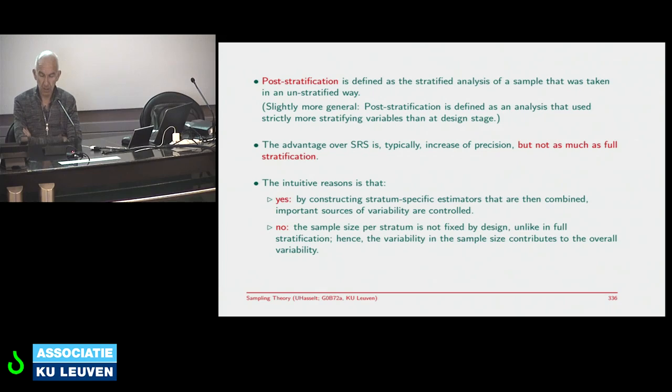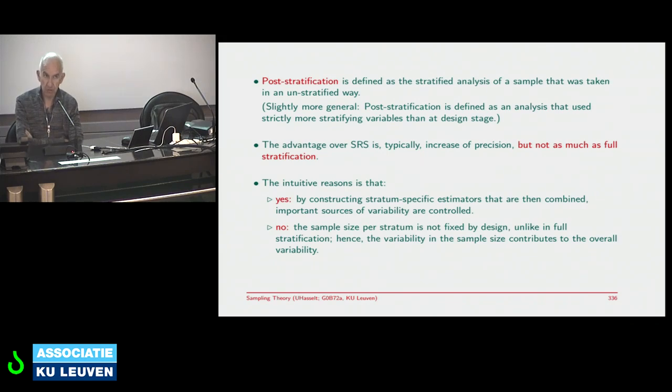end. If you post-stratify, you may want to take into account different relationships, different averages, etc., across different levels of your post-stratifying variables, but you didn't do anything to make sure that the sample size over the various levels of post-stratification is the same. In other words, if you pre-stratify for gender, you decide on a 50-50 split.